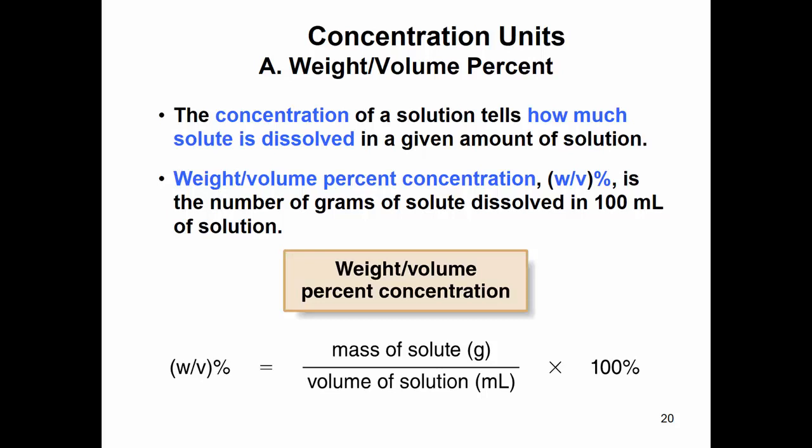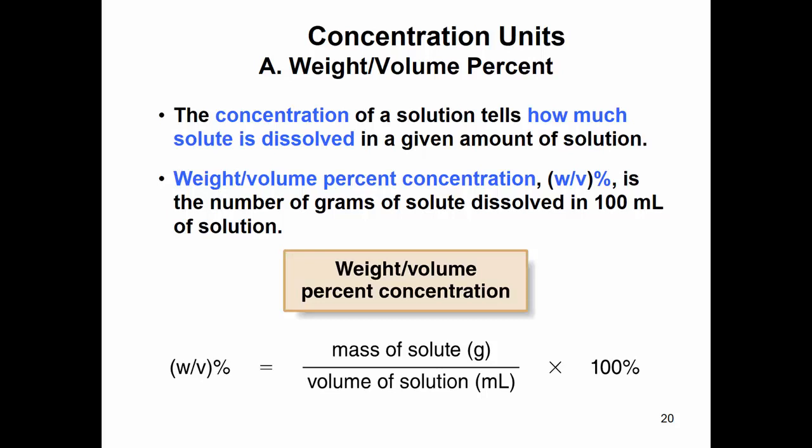One way is by using a percentage. Remember, if we use a percentage, all that means is we have part over whole times 100. The first unit that we're going to look at is weight volume percent concentration, so your answer is going to be a percentage.